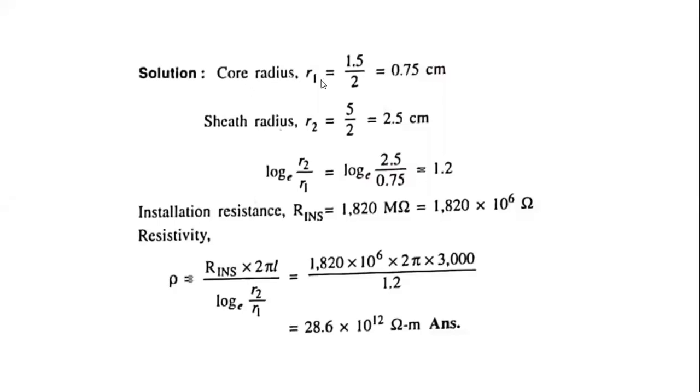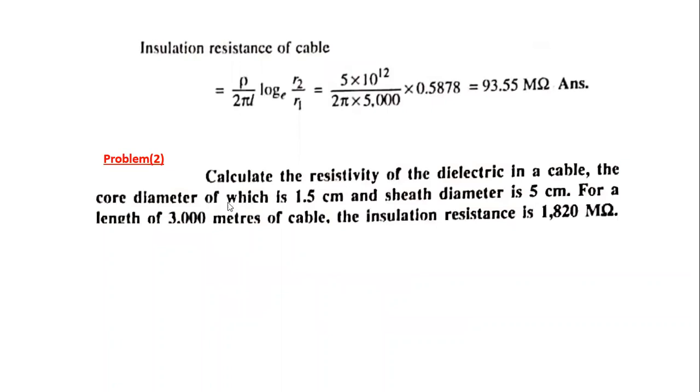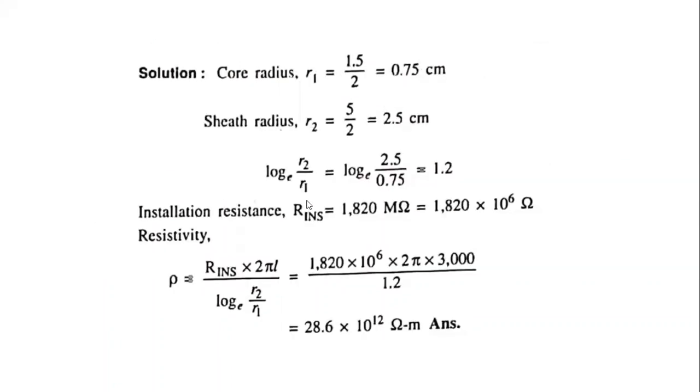This is the core radius. We have the core diameter, small d, as 1.5 centimeters. Then we calculate the R1 value. What is R1?